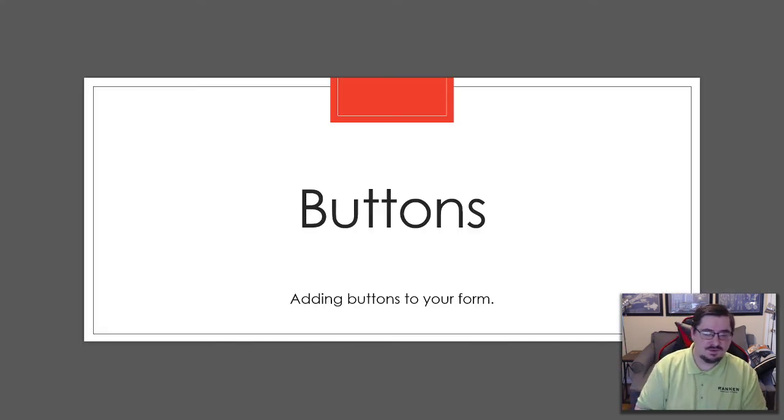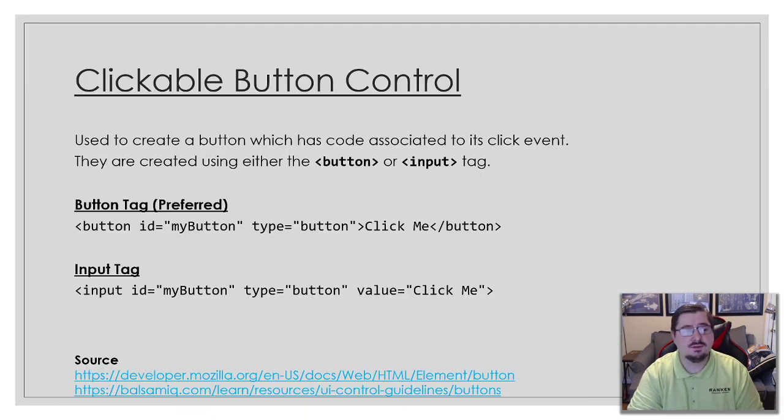All right, so next up is buttons. There's a few different ways to create buttons. We can either create them with the button tag, or we can create them with the input tag. I would say that it's better to create your buttons using the button tag for a number of reasons. First of all, using the button tag allows you to actually put HTML into the content of the button.